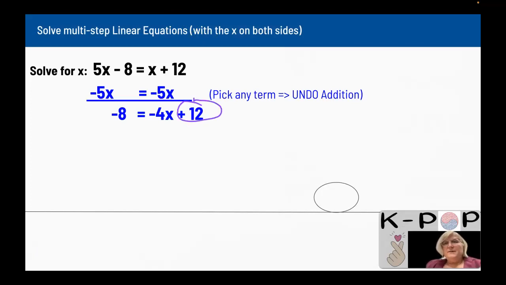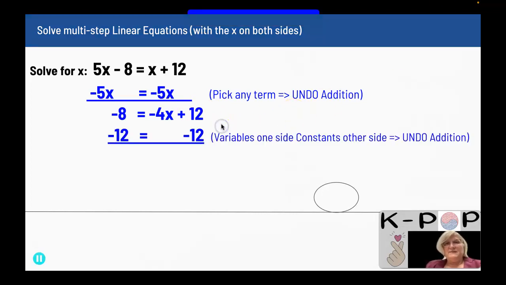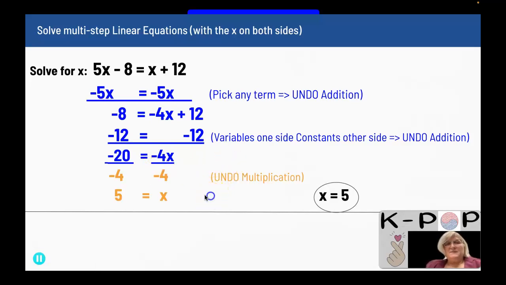I move the positive 12 by adding and subtracting. So if I have positive 12, I want to subtract 12. When I subtract 12 from both sides, I have negative 20 equals negative 4x. I want the x alone. I don't want it multiplied by a negative 4. So I'm going to divide both sides by negative 4. When I divide both sides by negative 4, I get 5 equals x, or x equals 5.